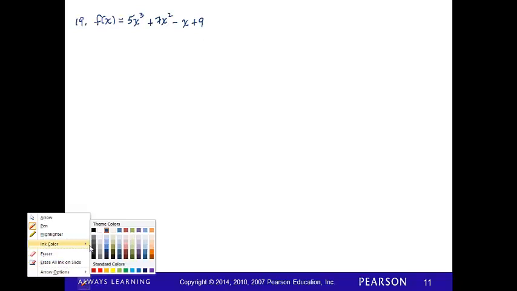Now it says use the leading coefficient test to determine the end behavior of the graph of a polynomial function. So f of x is equal to 5x to the third power plus 7x squared minus x plus 9. And we must determine the end behavior.